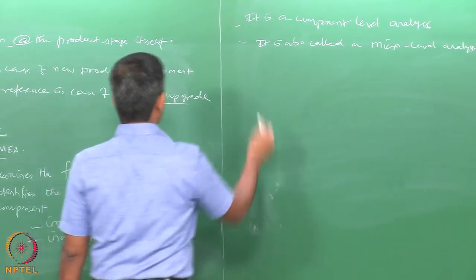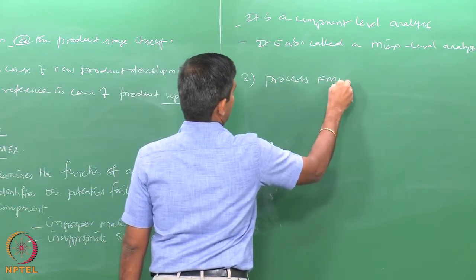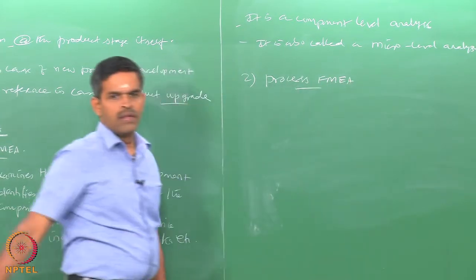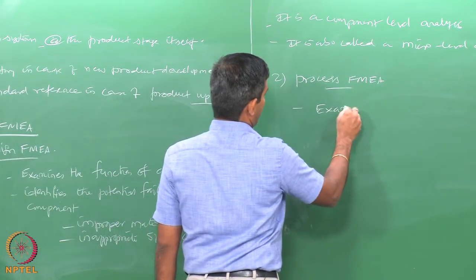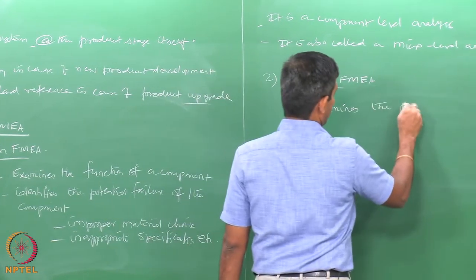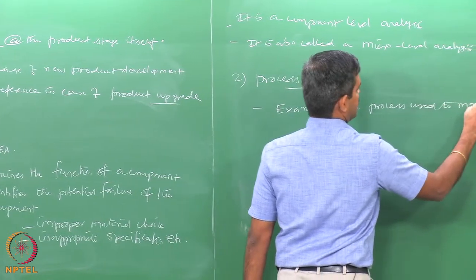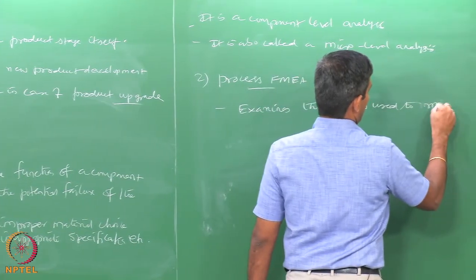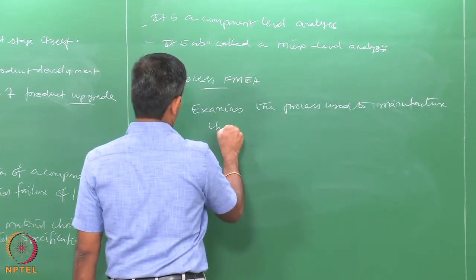The second FMEA could happen to the process, which examines the process used to make the product, used to manufacture the product.